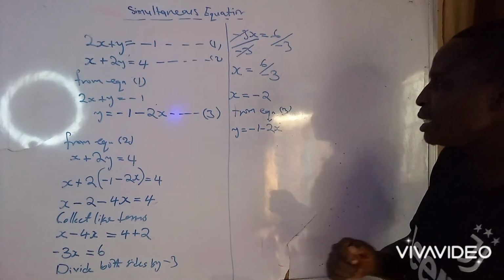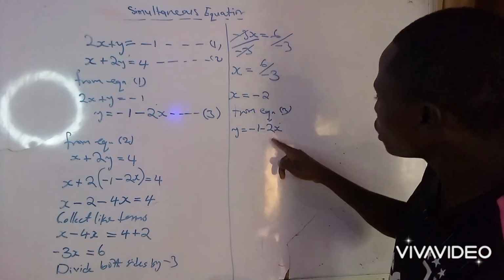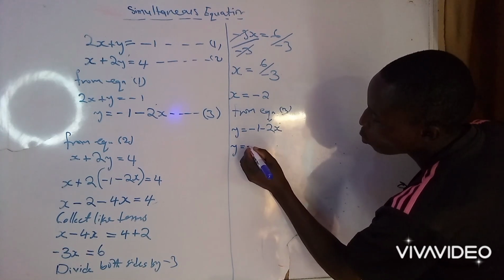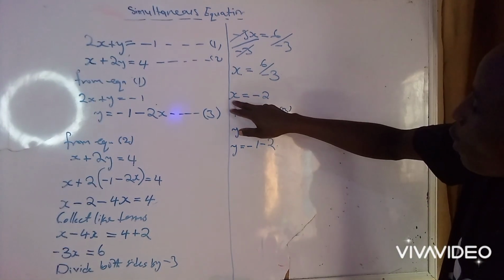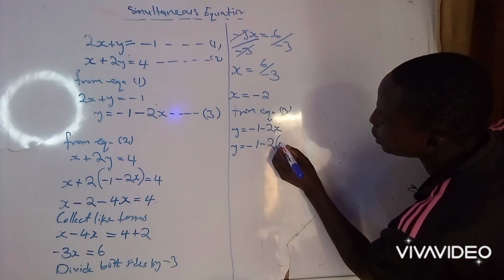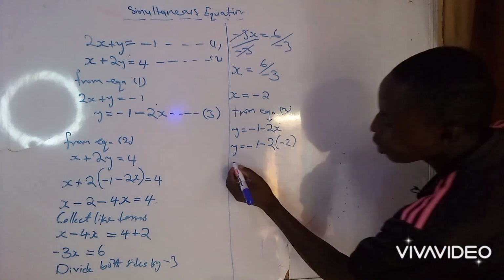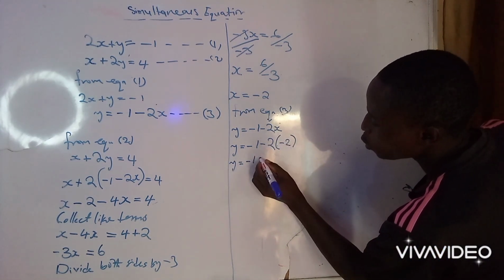So you can now easily insert minus 2 instead of x. y is now equal to minus 1 minus 2. Instead of writing x, I already have the value of x to be minus 2, so I'll put it as minus 2 and close the bracket. y is now equal to minus 1, minus times minus is what?